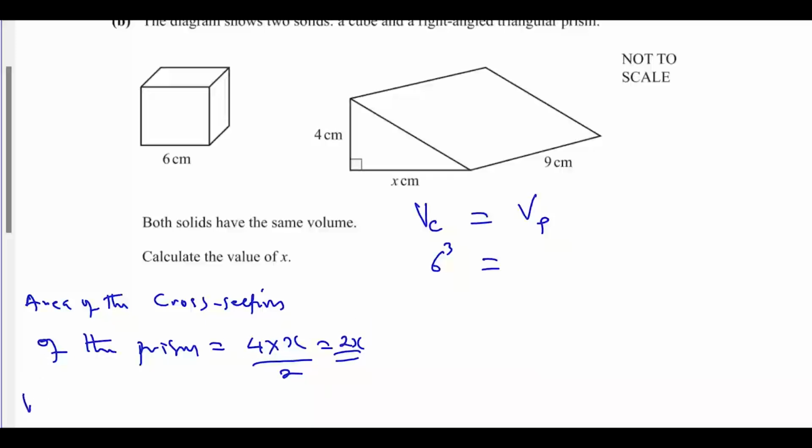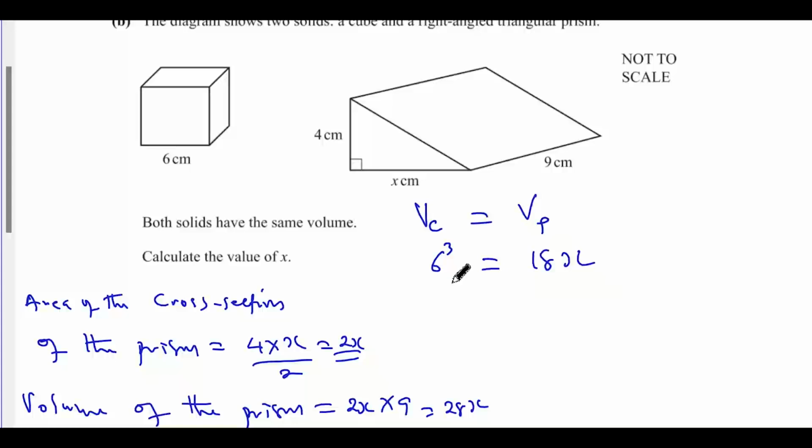So the volume of the prism will be equal to 2x times the distance between the two cross sections. That will be 9. So that will be equal to 18x. So I can easily put 18x here. Okay.